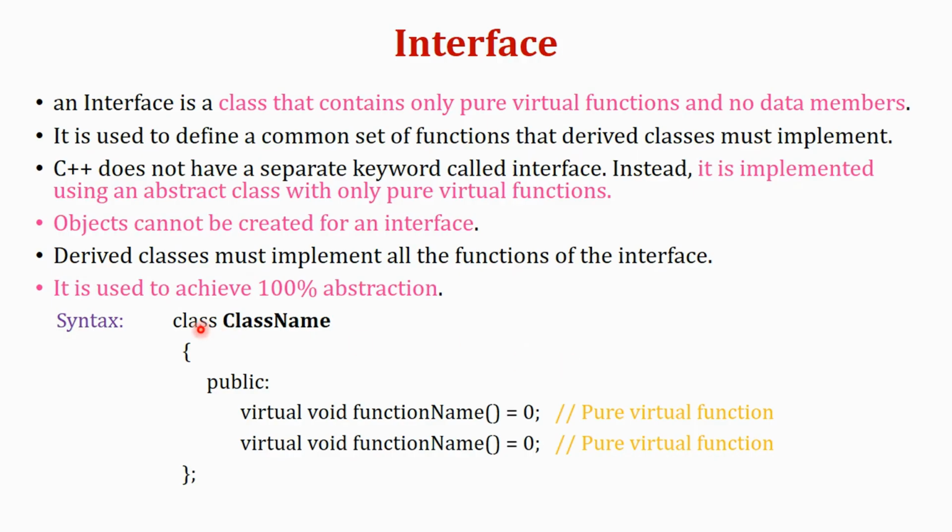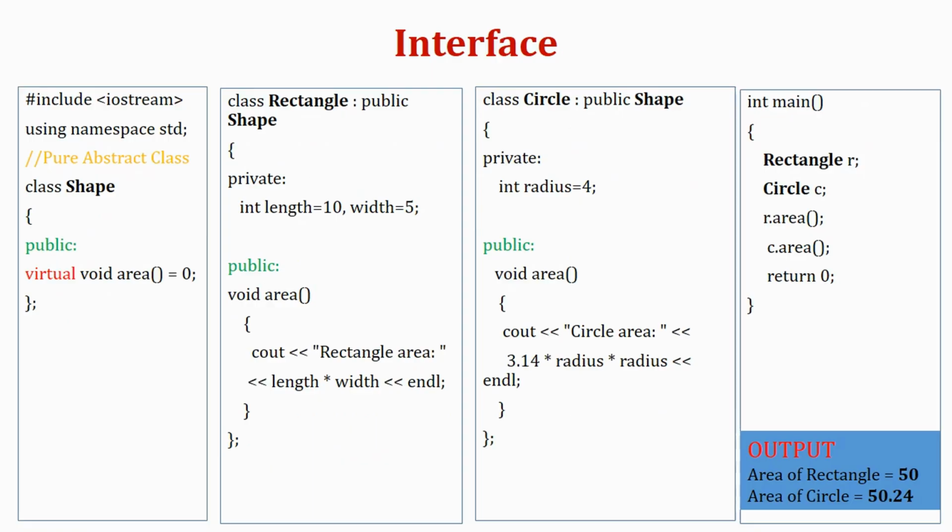For example, if a class has only pure virtual functions, the class becomes an interface. This class shape has only the pure virtual function declaration here, so the class becomes an interface. The same function name is implemented in the derived classes, for example rectangle and circle.